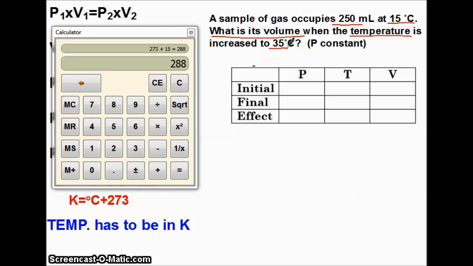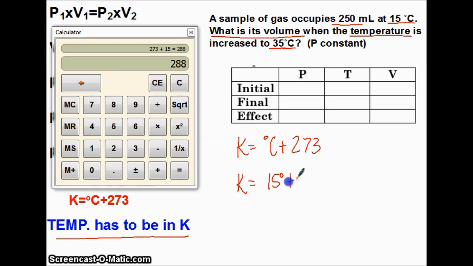The first thing that I want you to realize is that we cannot use Celsius. Temperature has to be in Kelvin. So that's the first thing that I want to do, is just go ahead and convert those. Then I don't have to worry about it. So Kelvin equals our degrees Celsius plus 273. So our Kelvin here equals 15 degrees plus 273.